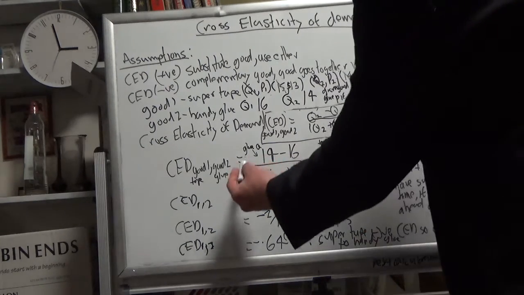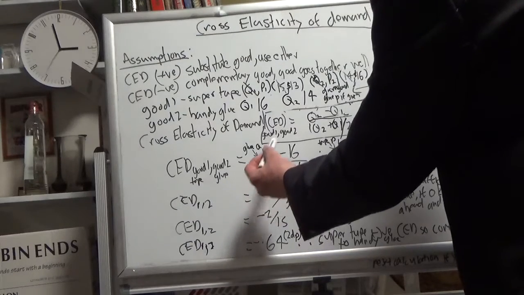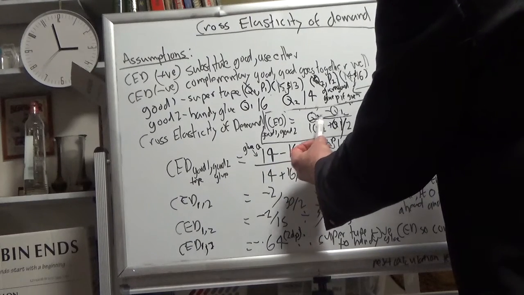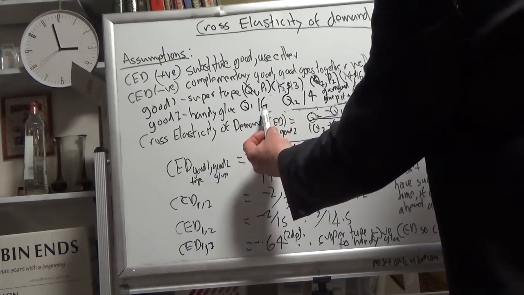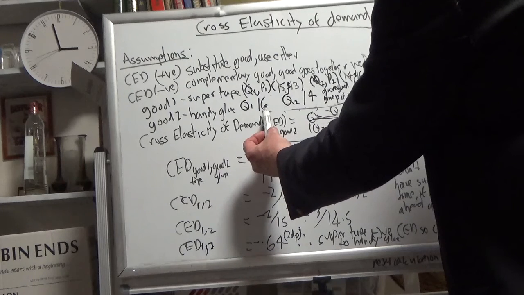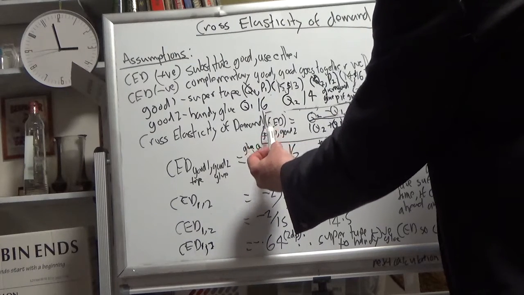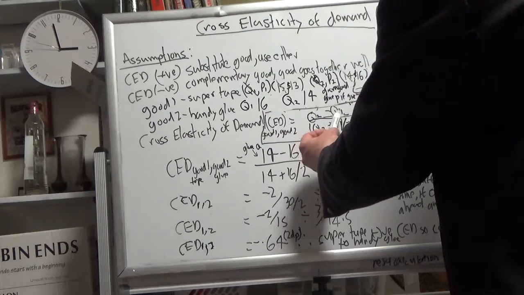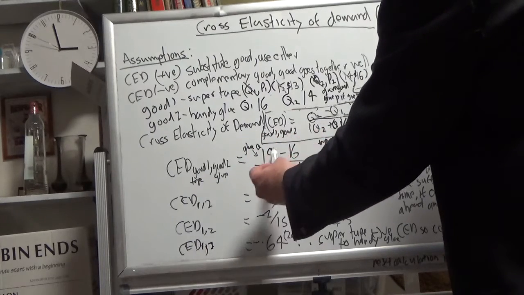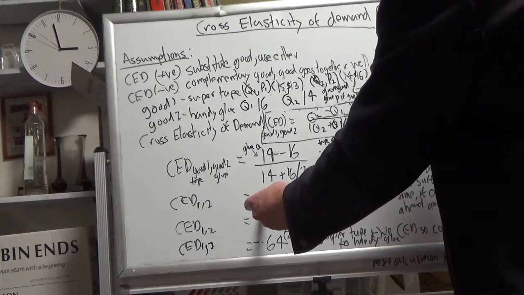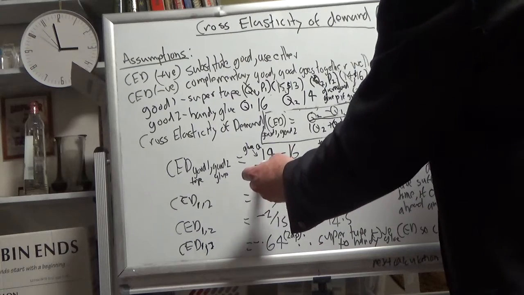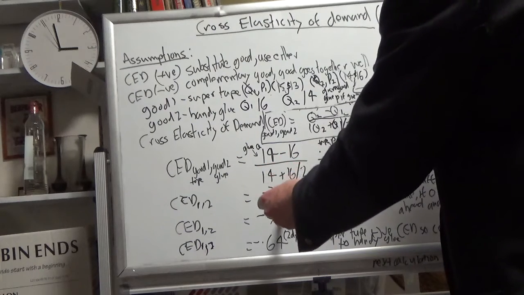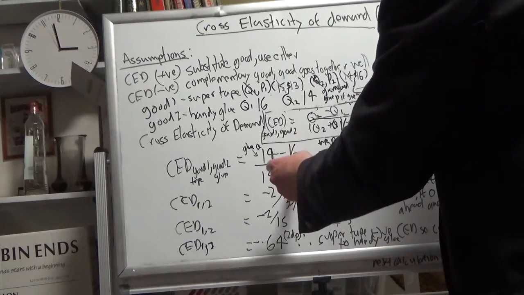So now plug in the values. First of all, what's Q2 and Q1, the quantity change of the handy glue? Well, we said the Q1 was 16, okay, so put that there. Q2 was 14. Find the difference in the next one, minus 2. Put it over 14 plus 16, which equals 30 over 2.